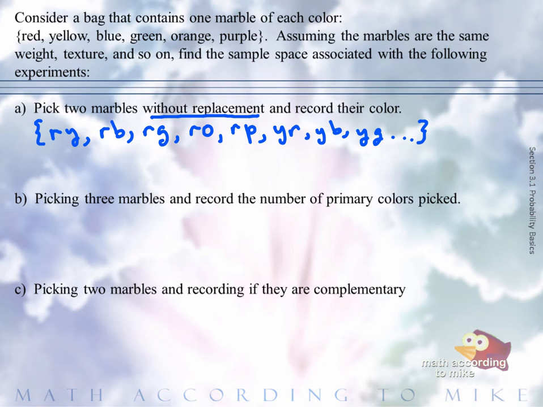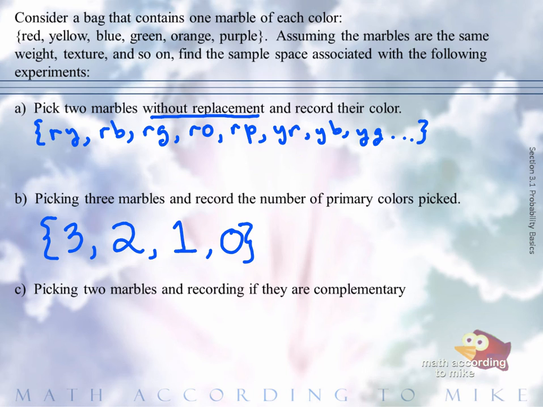So for instance, if you happen to pick red, yellow, blue, then you picked 3 primary colors. If you happen to pick red, blue, green, then you picked 2 primary colors. If you happen to pick yellow, purple, orange, then you picked 1 primary color. And if you happen to pick green, orange, purple, you picked no primary colors.